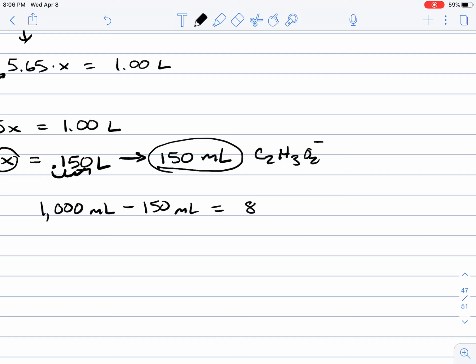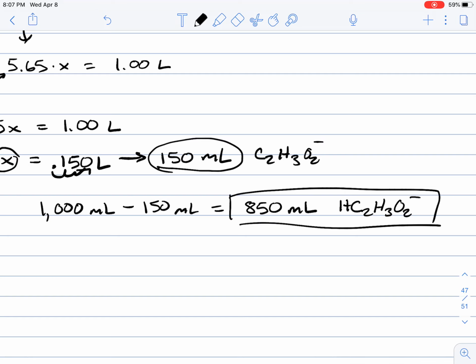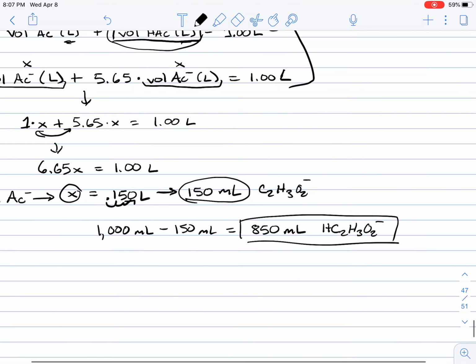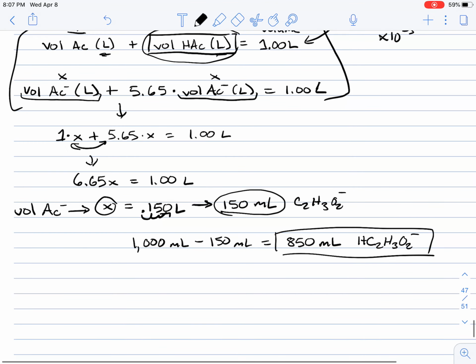If you subtract those two values, you get 850 mL of acetic acid. Okay, there we go. And so we've solved the problem.